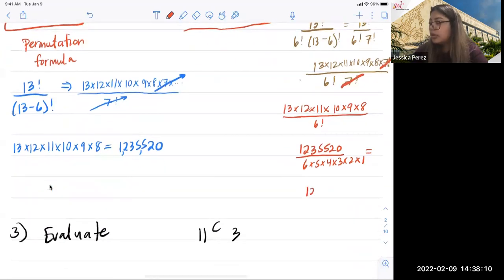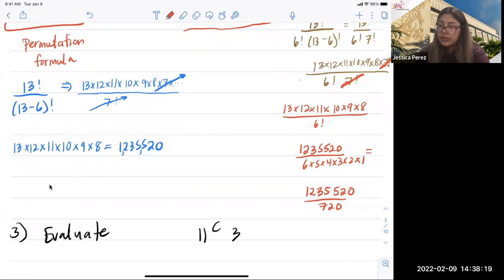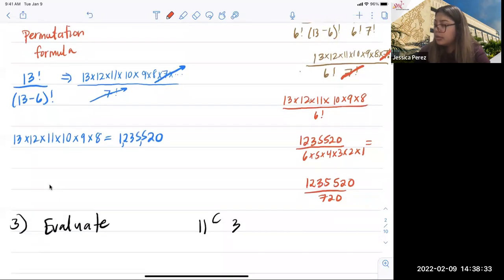So 1,235,520 divided by 720, and that would be 1,716. And that's the combination.